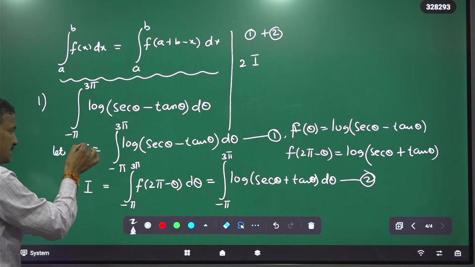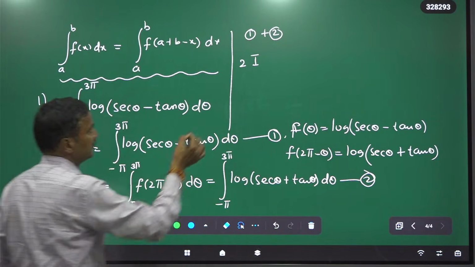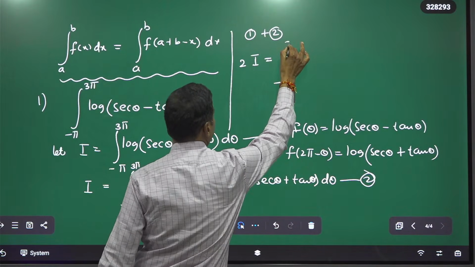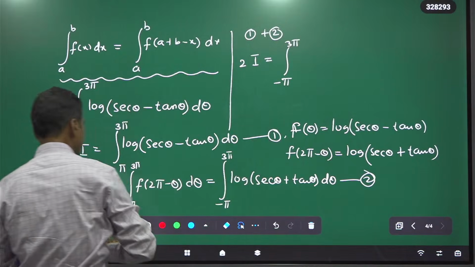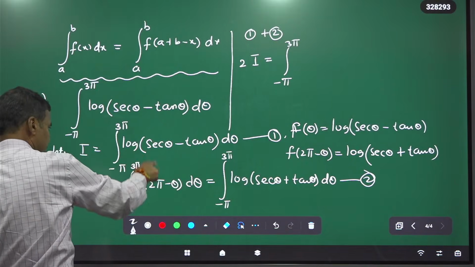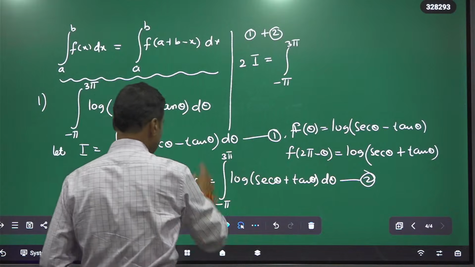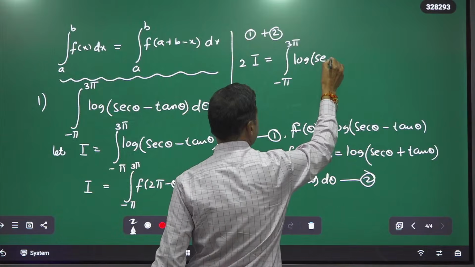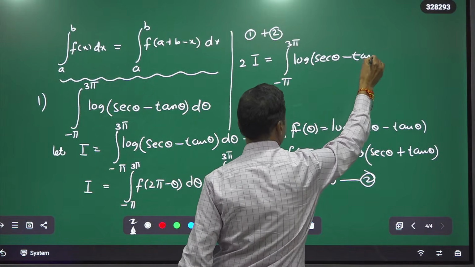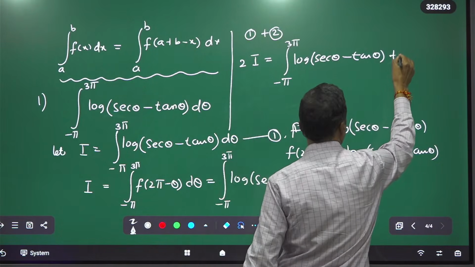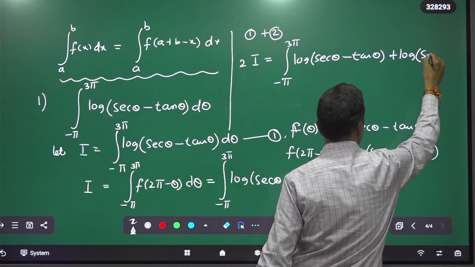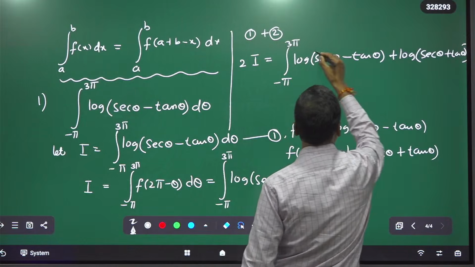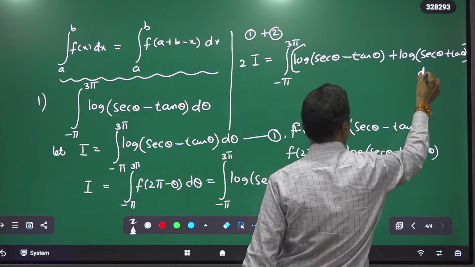Since the limits are the same, we add the two functions under the same limits: 2I is equal to the integral from minus pi to 3 pi of log of secant theta minus tan theta plus log of secant theta plus tan theta d theta.